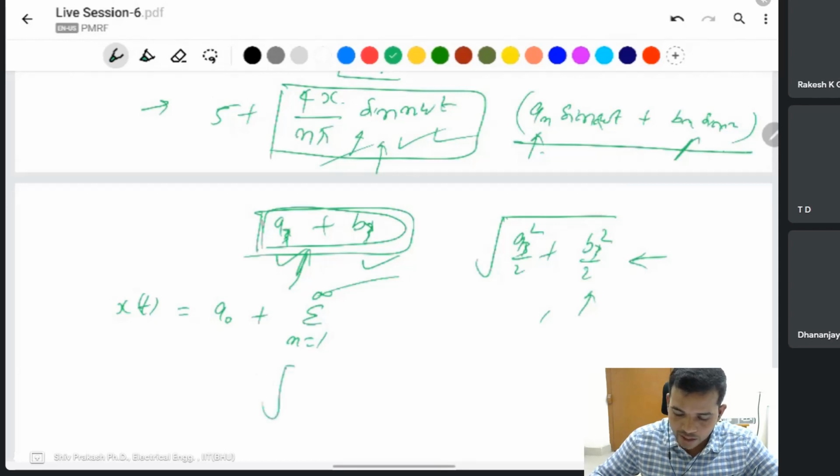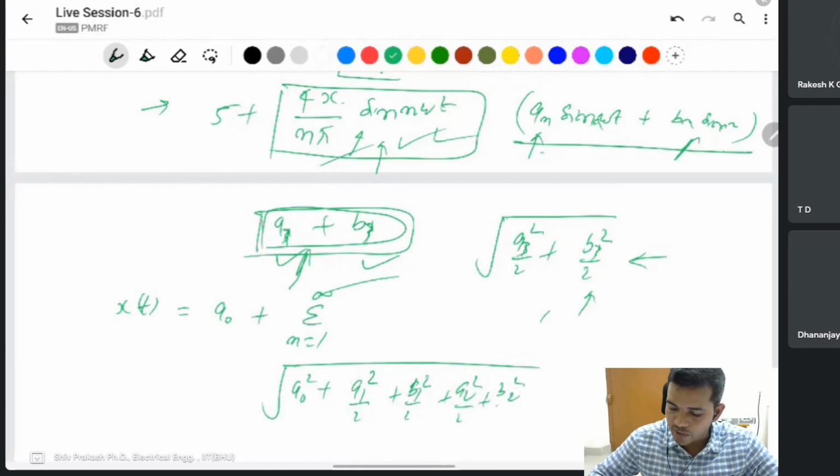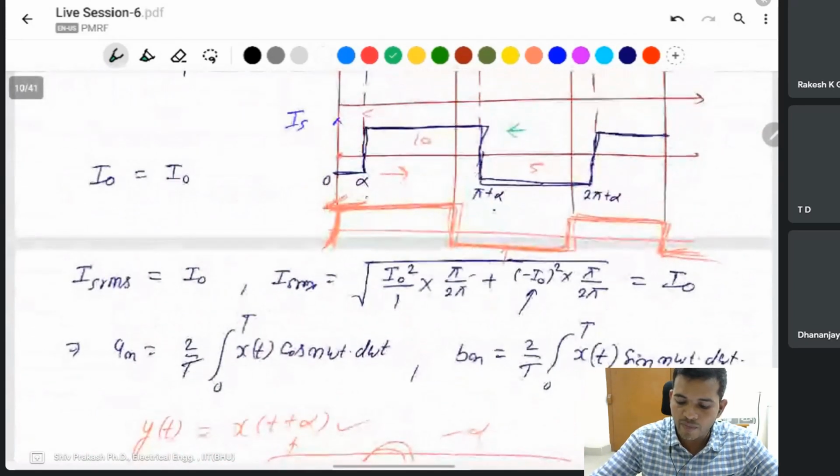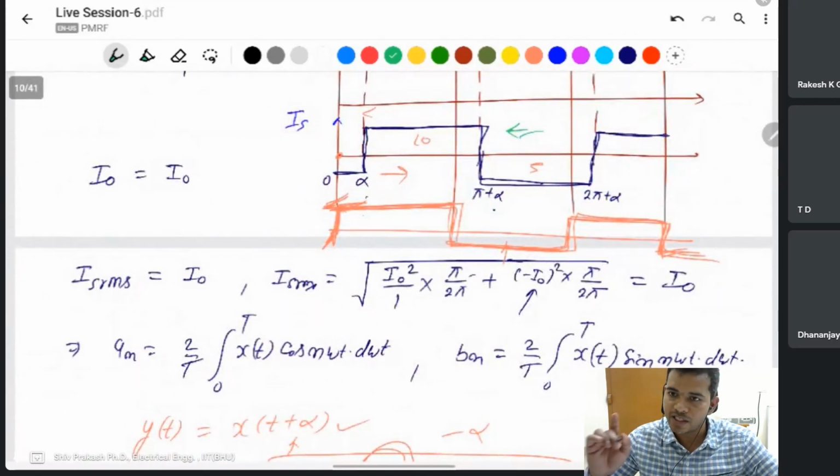You can take the RMS as A naught square plus A1 square divided by 2 plus B1 square divided by 2 plus A2 square divided by 2 plus B2 square divided by 2, and so on to infinity. This is the RMS. So it is easy to calculate the waveform RMS directly.